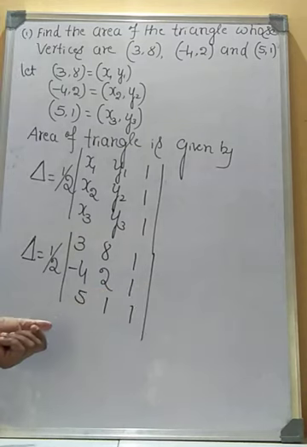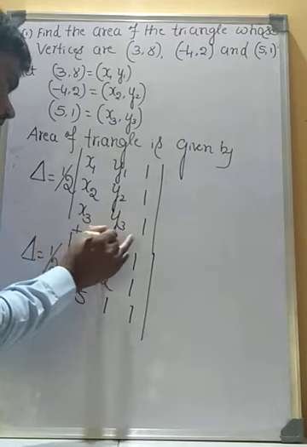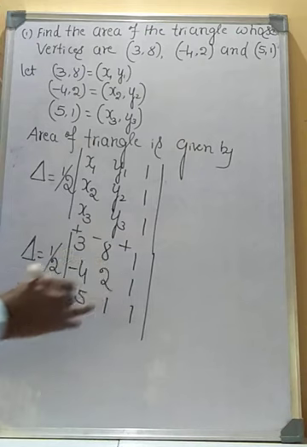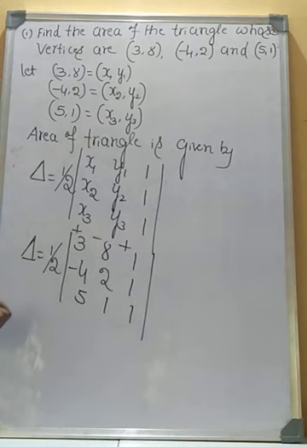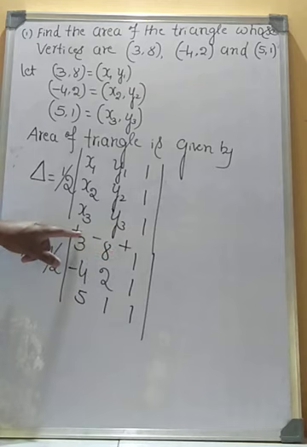You know the expansion of a third order determinant: expansion along the first row, second row, third row, or first, second, or third column, any one. Now I am taking expansion along the first row, with signs plus, minus, plus.